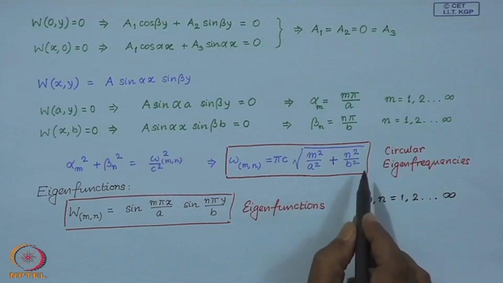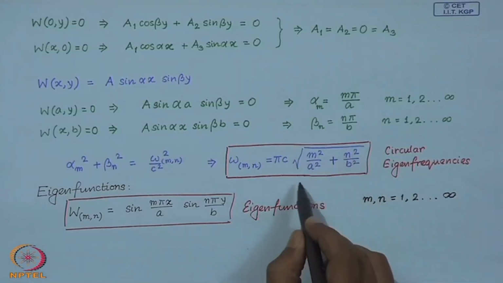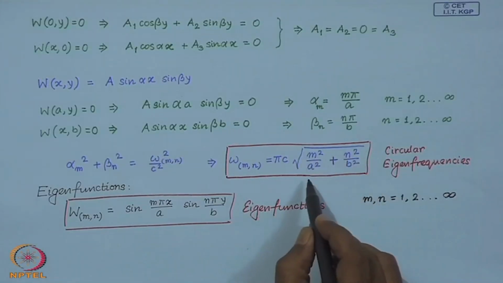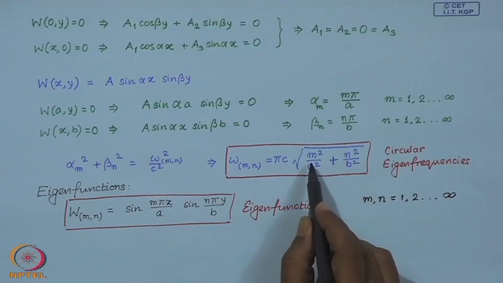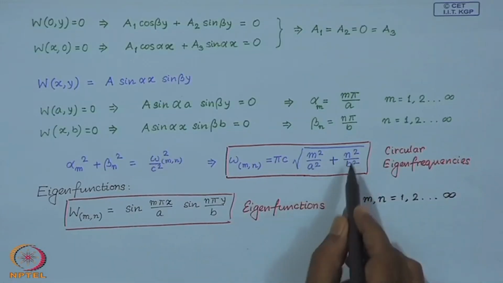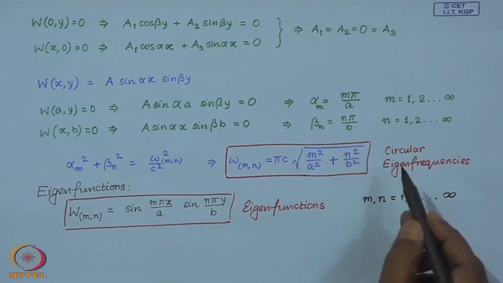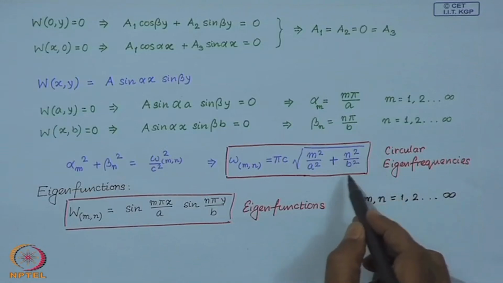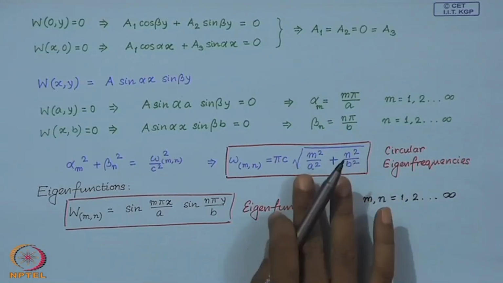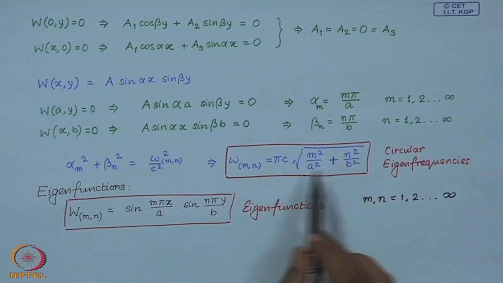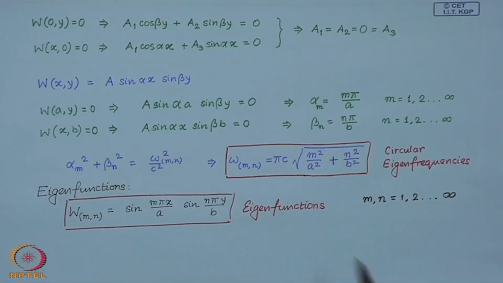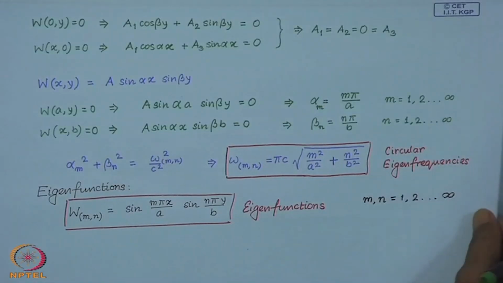There is another possibility that we are going to discuss shortly, and that is when m square over a square plus n square over b square is some r square over a square plus s square over b square. So, that is a possibility. That means, there are two different modes which have the same circular eigenfrequency. So, that we are going to discuss shortly.